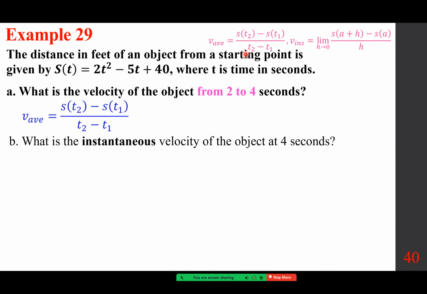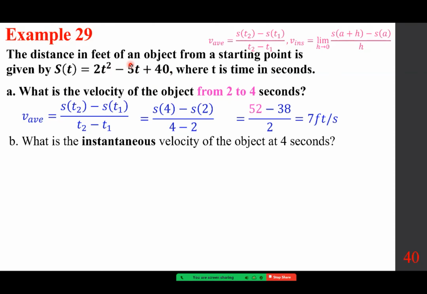And therefore, for us in this case, it is s of 4 minus s of 2 over 4 minus 2. This is elementary algebra, so everybody's very comfortable with that. So 2 times 4 squared minus 5 times 4 plus 4, minus, then plug in 2.